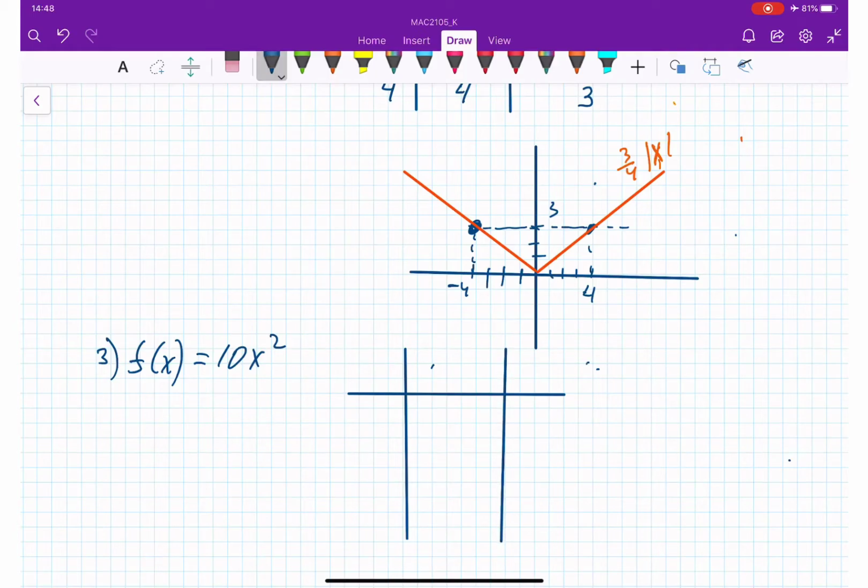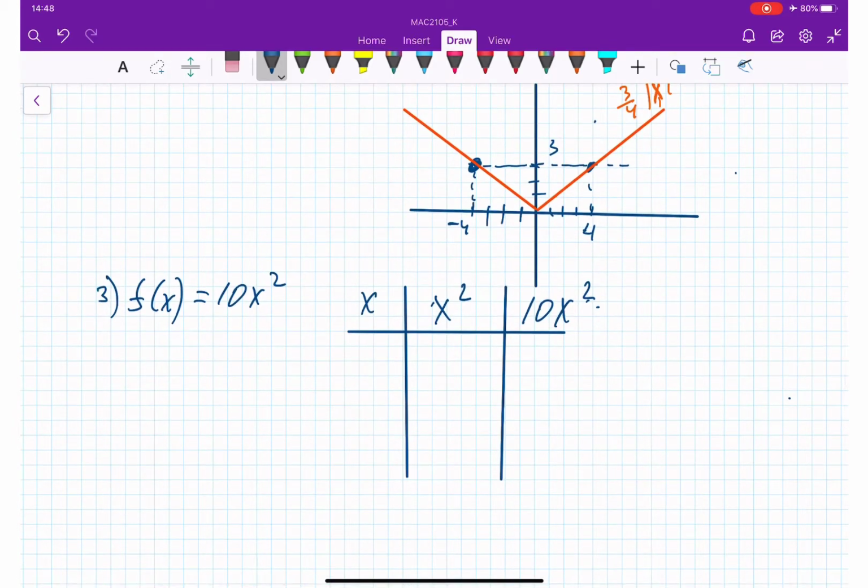All right. So here we have value of x. Here we get x squared. Here we get 10x squared, right? Okay. Well, let's take it. I'm taking x is equal what? 2. So negative 2, 0, positive 2.